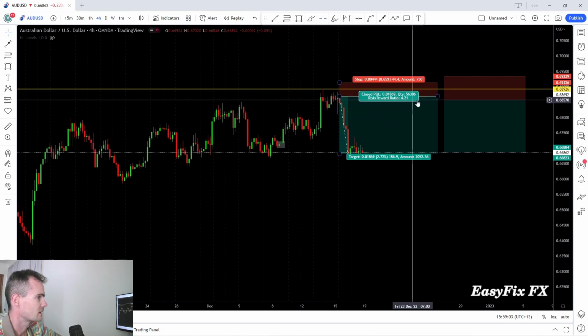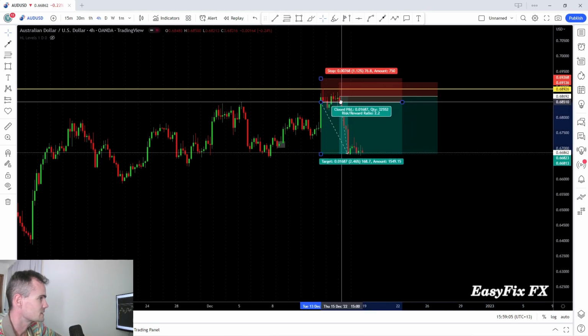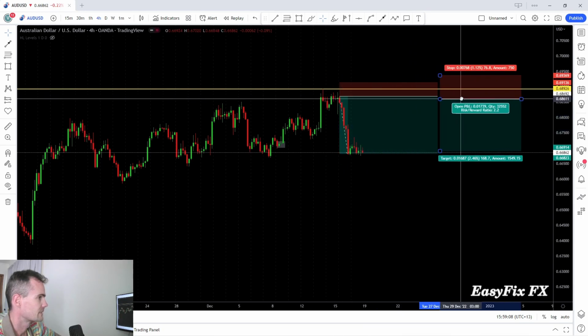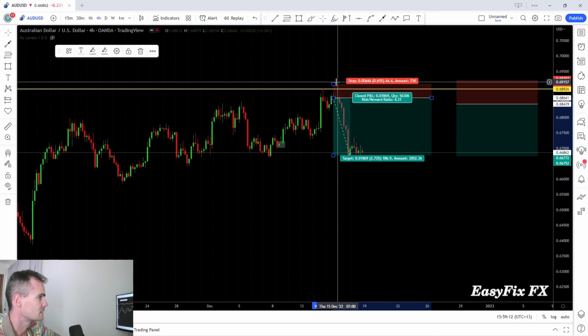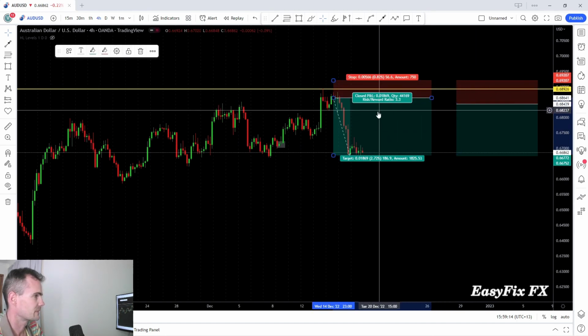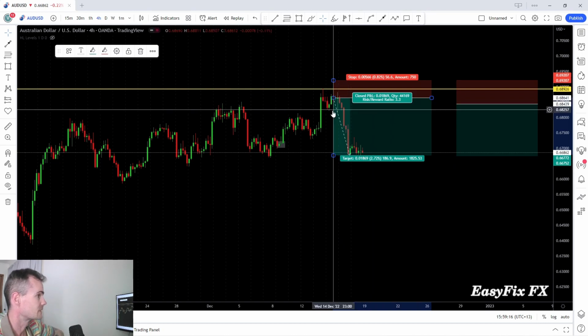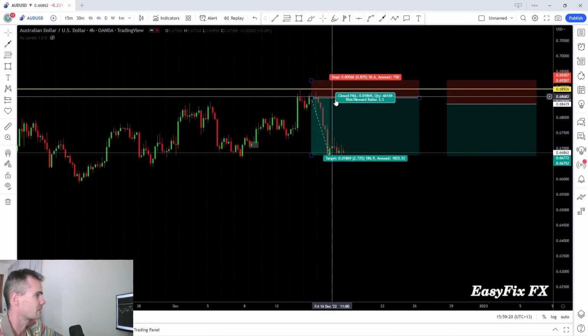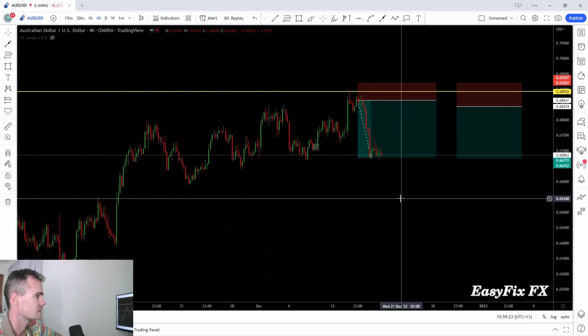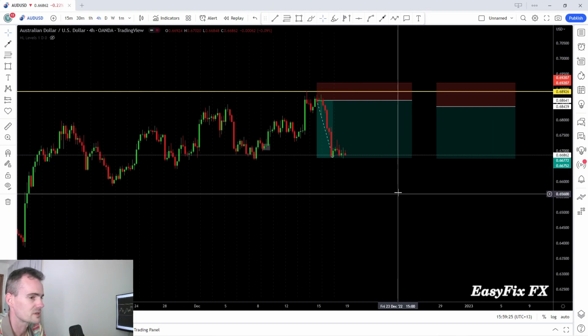So don't ever enter as soon as the candle closes like that. You want to actually wait for a retracement so that you can have your stop loss safer, in case the market wants to jab a little bit just above your entry and then reverse. It increases your risk to reward.